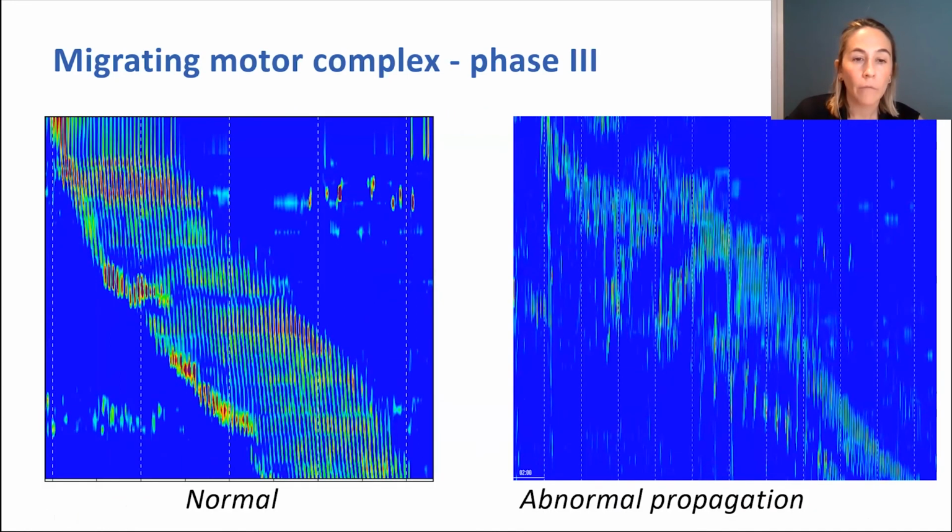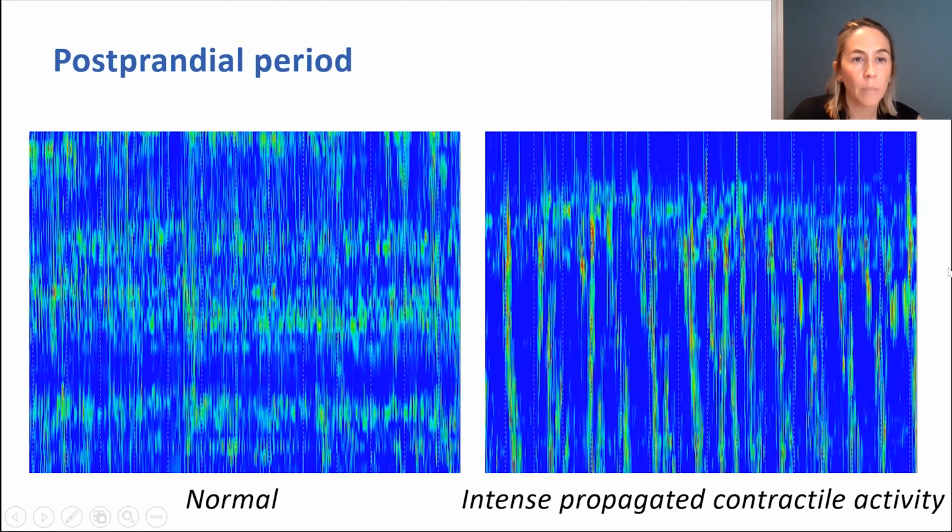A couple of abnormal examples. On your left, a normal phase 3. On your right, a phase 3 with abnormal propagation, which is interrupted. This would probably not be easily detectable using a conventional catheter. And here, an example of a postprandial period.